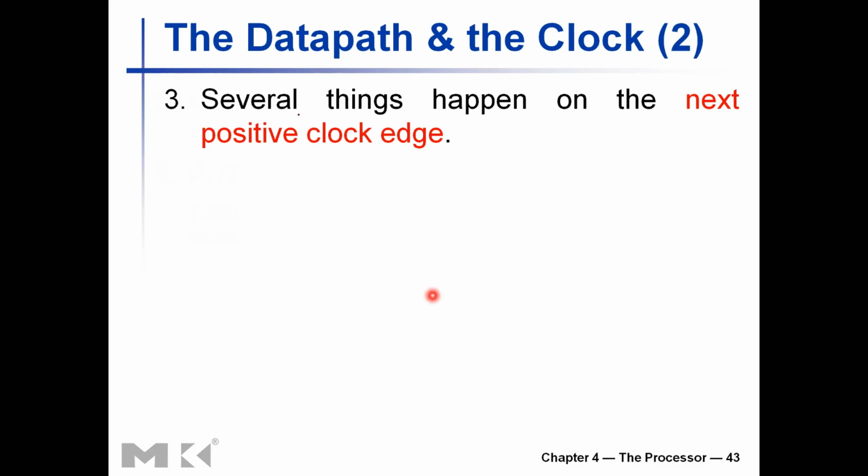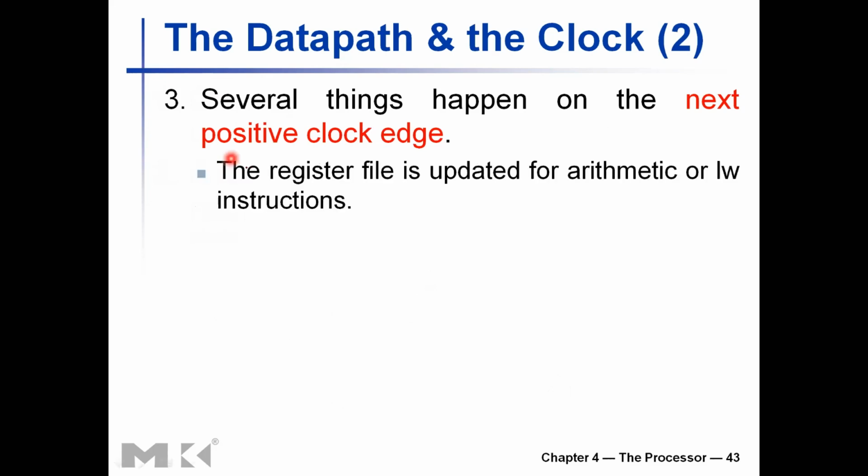Finally, several things will happen at the next rising clock edge. That is step 3. The register file will be written to for any arithmetic logic or load word type instruction, where the ALU or the data memory is generating a result.